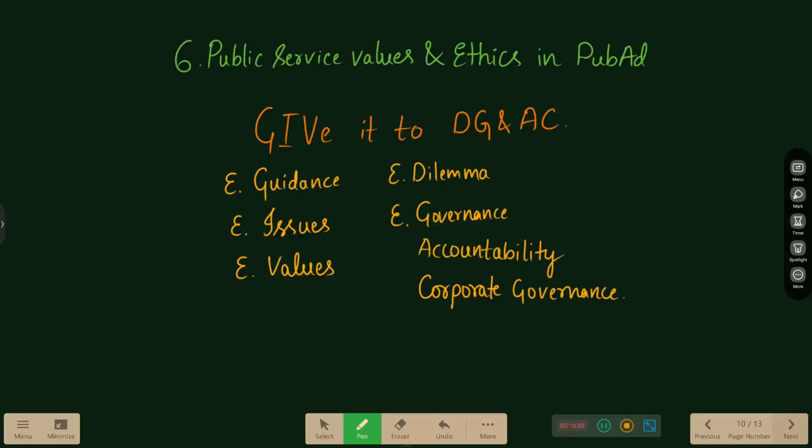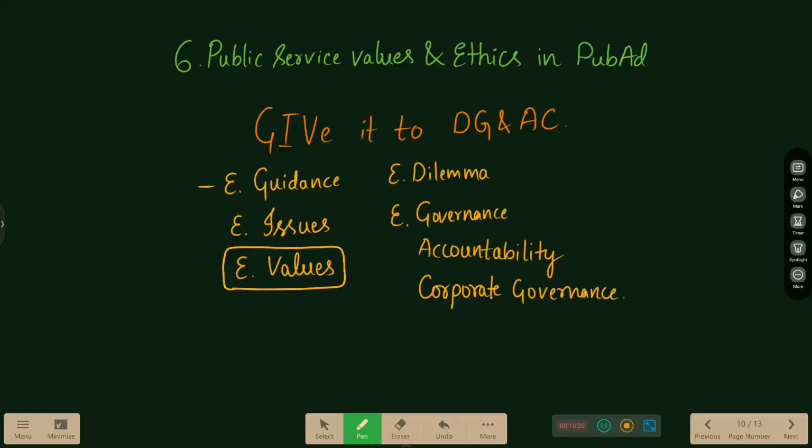If you have strong ethical values, ethical values are very important. Before going to this, what do you mean by ethical guidance? What should be the source for ethical guidance?